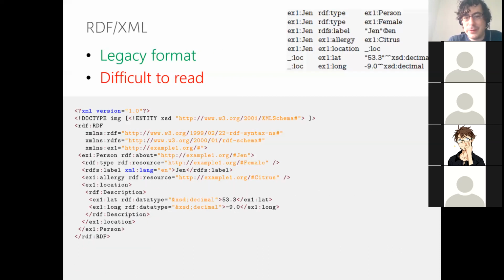So in general, the overall motivation for using XML was not really useful, and the syntax is just really horrible to read. So it was kind of a mistake, because people at the start of the semantic web did not like this format, and they thought it was XML. They didn't realize why you wouldn't just use XML.